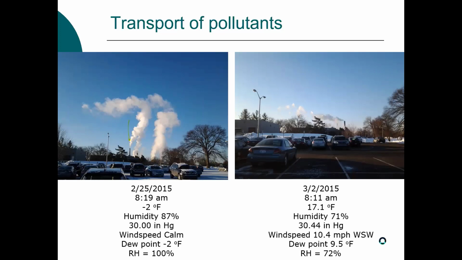So much colder and calm, so very little wind. And you see, as we talked about, this plume rise, and then you see a horizontal movement. On the other hand, on March 2nd, you see a higher temperature, much higher wind speed, and you see very little plume rise.